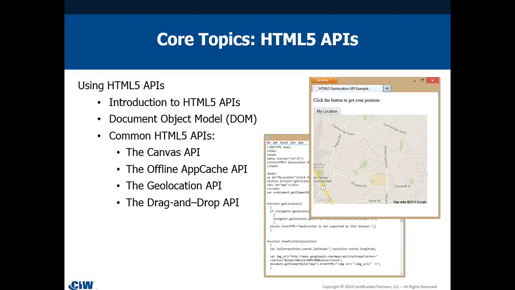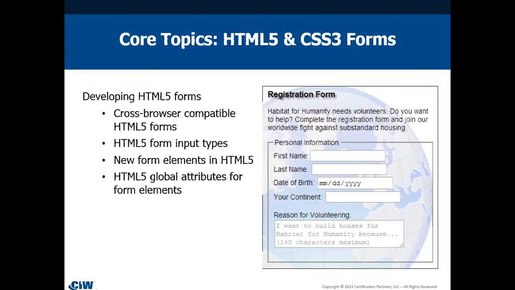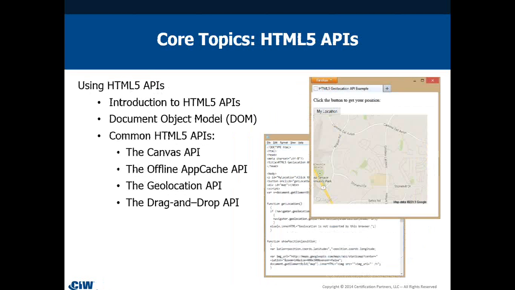And each of these is an application of an HTML API, and they were created by the W3C. And so geolocation, they're going to be introduced to that as well as Canvas and drag and drop, and I think maybe even the offline app cache in SDA. And in this course is when we're going to be going into more depth with it.